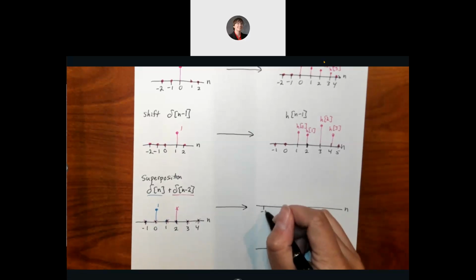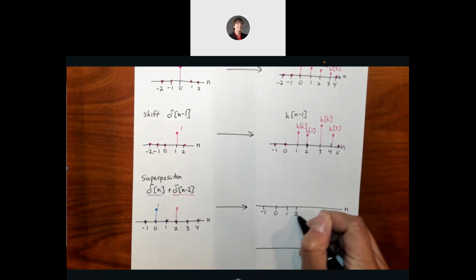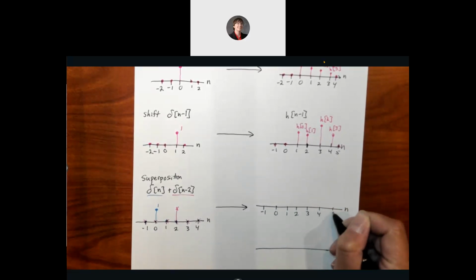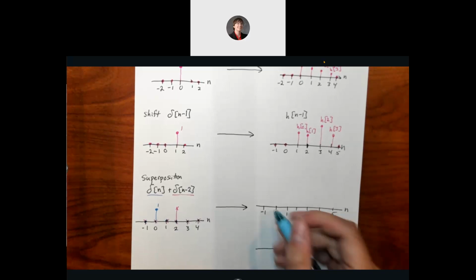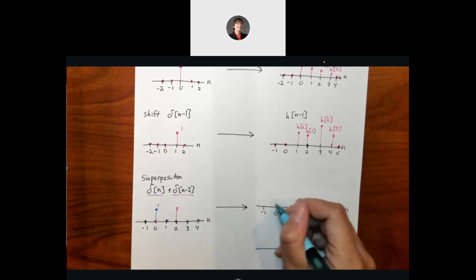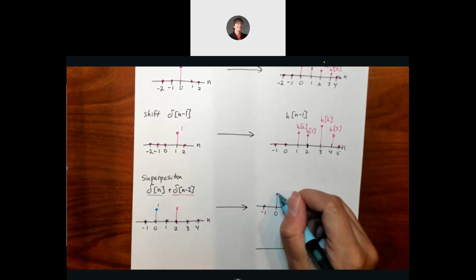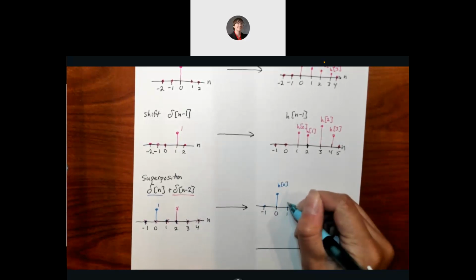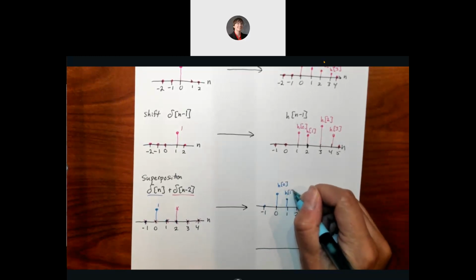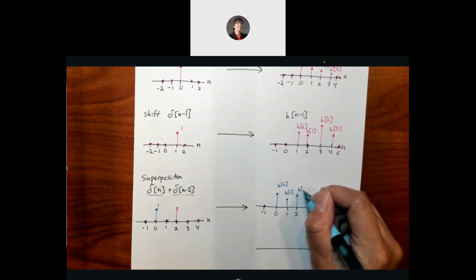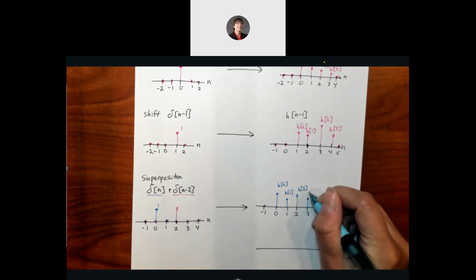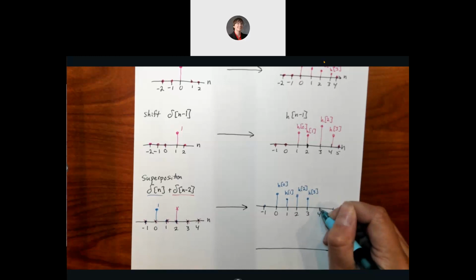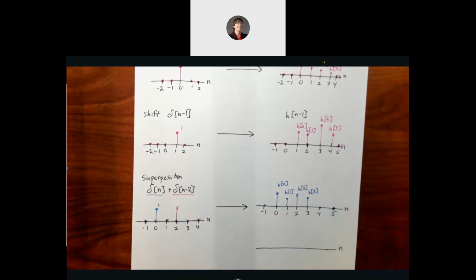So the response to delta n, we're going to get 0, h0, h1, h2, h3, and then all the rest were 0.